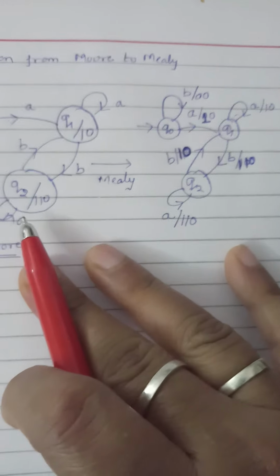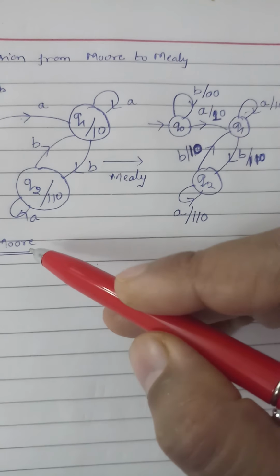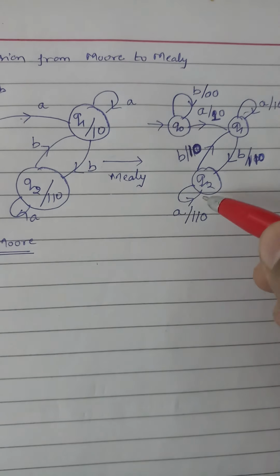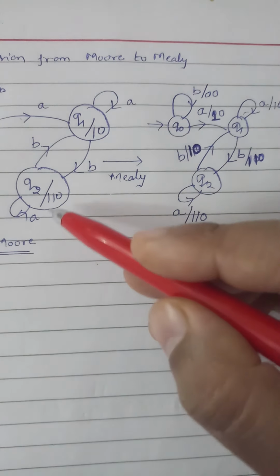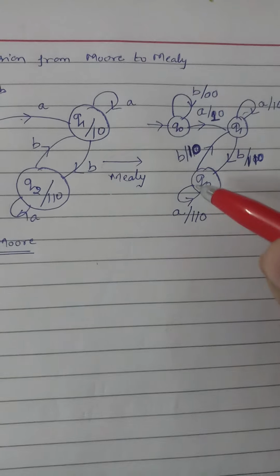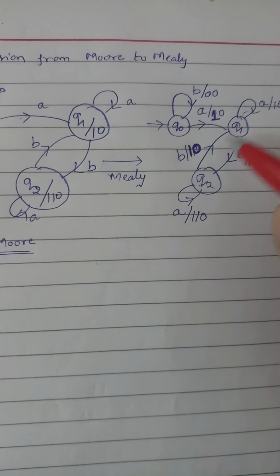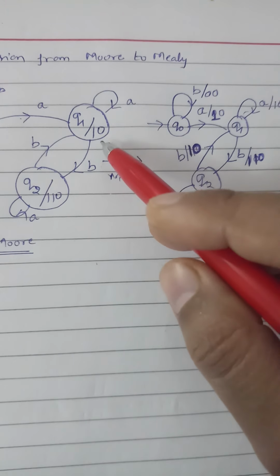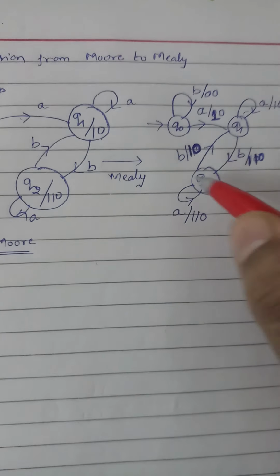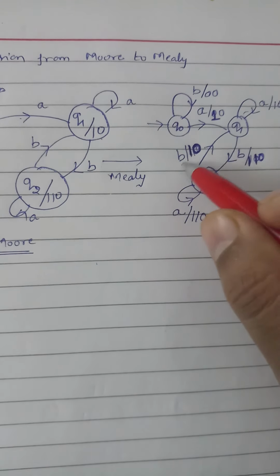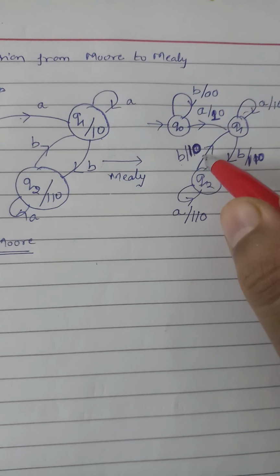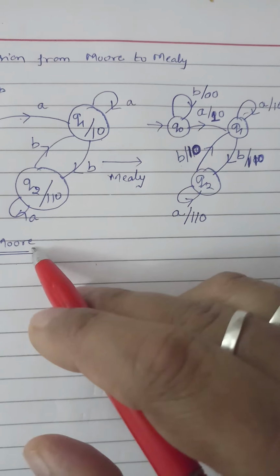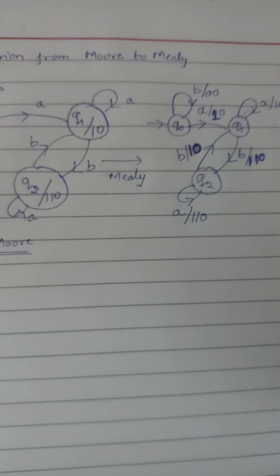And on Q2 there is a loop of A in the Moore machine, so we also make a loop of A in the Mealy machine with 110 output, because on Q2 the output is 110. Now we move from Q2 to Q1 with a B transition, but at Q1 the output is 10. So we make a transition of B with 10 output. In that way we can convert from Moore to Mealy machine.